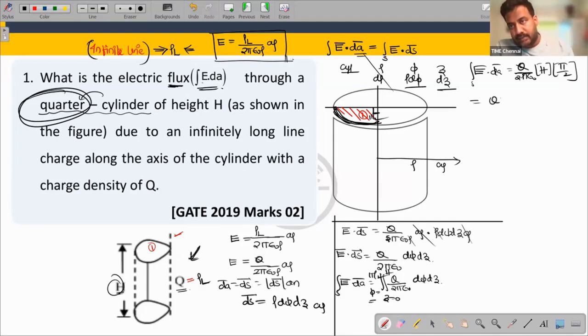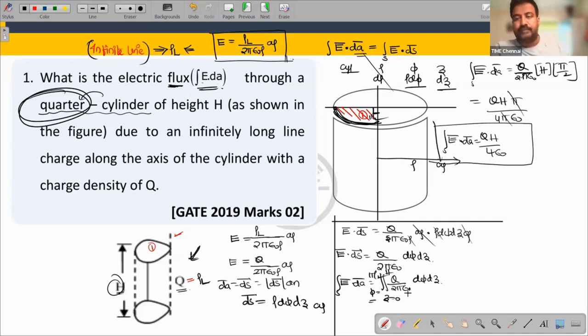This is Q H pi by 4 pi epsilon naught, which is Q H by 4 epsilon naught. That's the value of the integral of E dot dA: Q H by 4 epsilon naught.